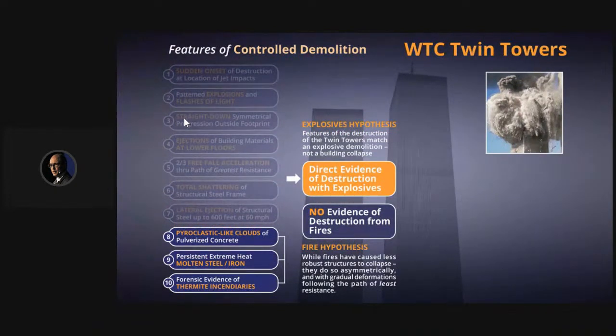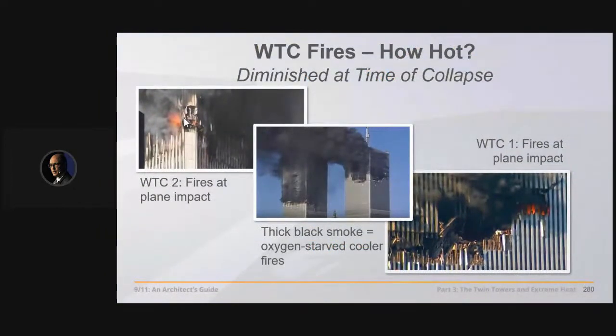Fires cause less robust structures to collapse, but they do so asymmetrically, with gradual deformations, following the path of least resistance. Especially these fires, which were diminished at the time of the collapse, indicated by the thick black smoke. They're oxygen-starved and cooler, and probably completely extinguished during the collapse.